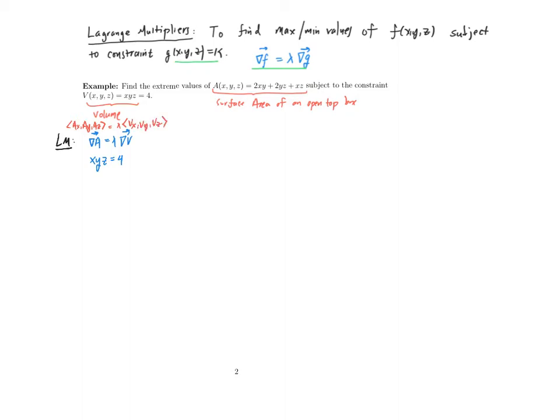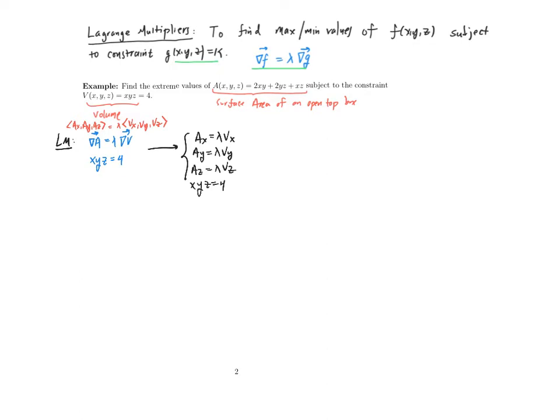And if we equate together these components, we end up with 4 equations. We have A_x is lambda V_x, A_y is lambda V_y, A_z is lambda V_z, and lastly the constraint equation xyz is equal to 4.